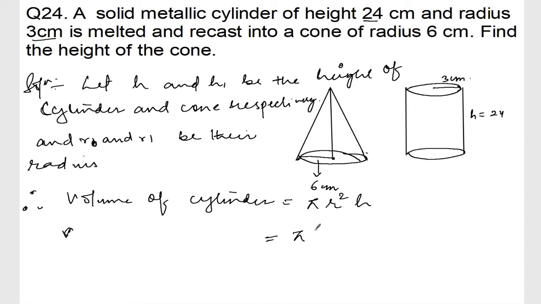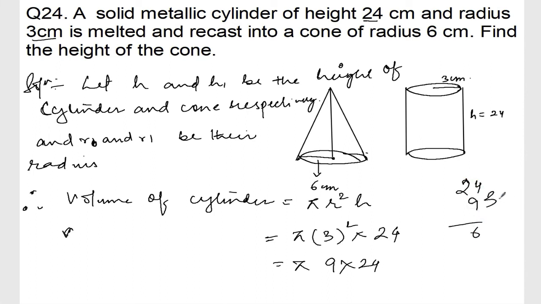So r is 3 square into h. What is h? Height is 24, right? So you can write pi 3 square, which is 9, into 24. 24 into 9, how much? 9 fours are 36, 9 twos are 18, 19, 20, 21, 216. So this will be 216 pi.